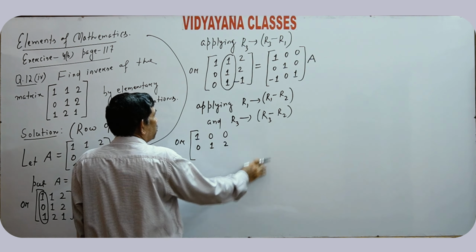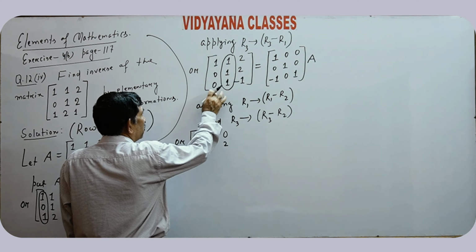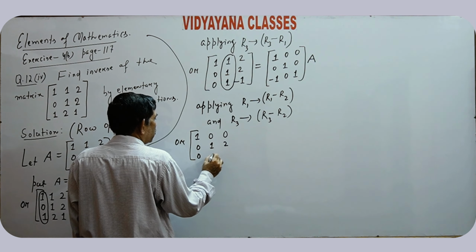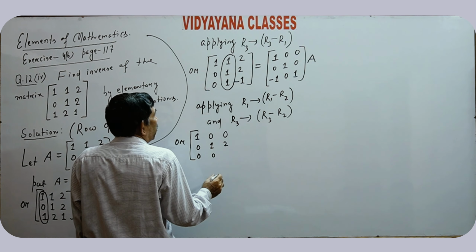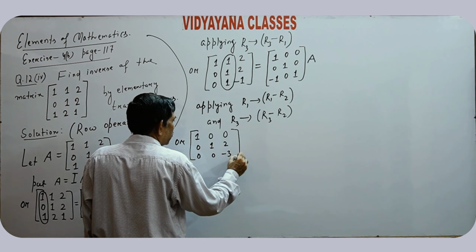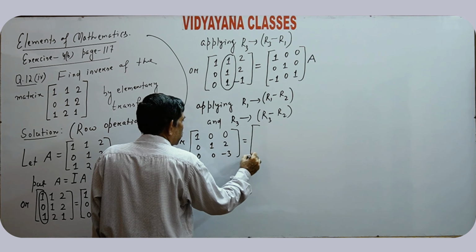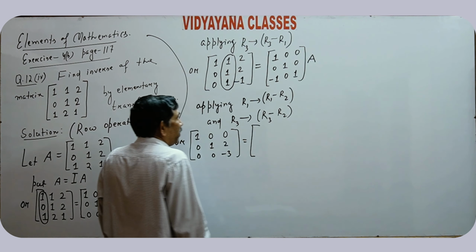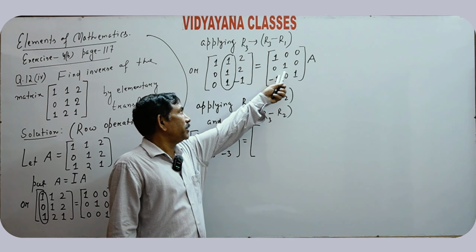Row 3 is replaced by row 3 minus row 2. 0 minus 0 is equal to 0. 1 minus 1 is equal to 0. Minus 1 minus 2 is equal to minus 3, which is the same as we will apply the same operation on this matrix.